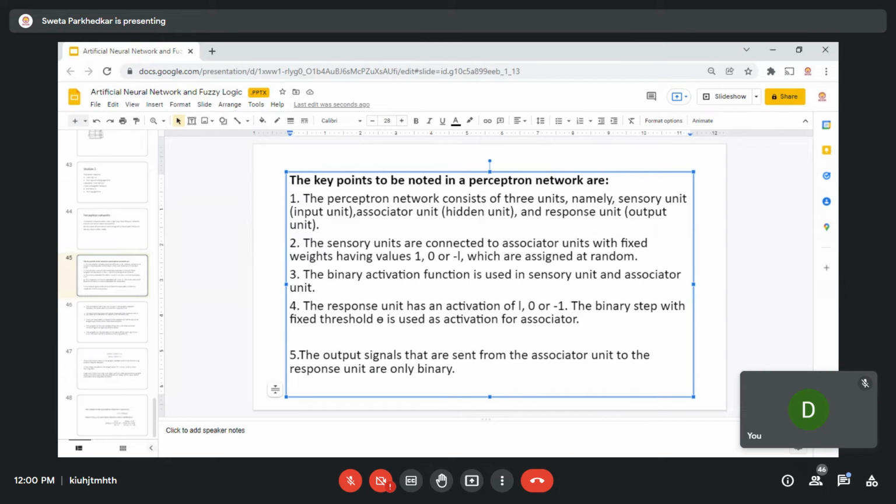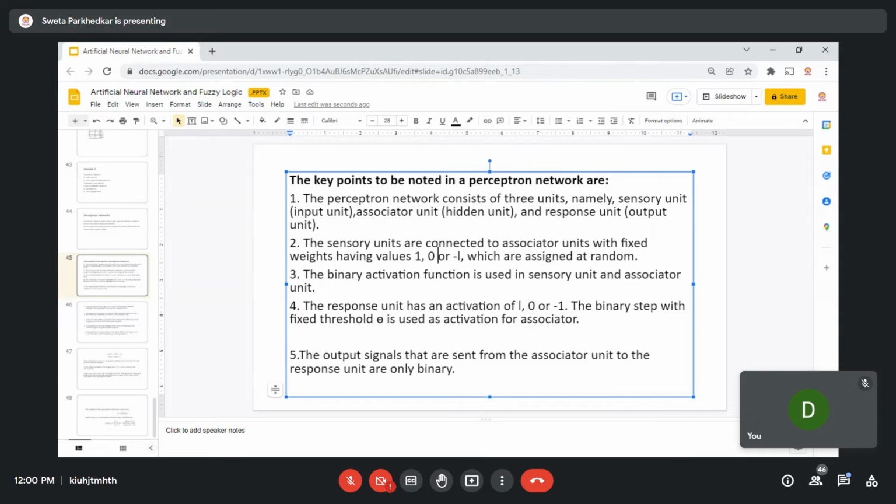Then the sensory units are connected to the associator unit with fixed weights having the values of 1, 0 or -1. So what it is saying is that the sensory unit, meaning the input unit, is connected to the associator unit, meaning the hidden layer.